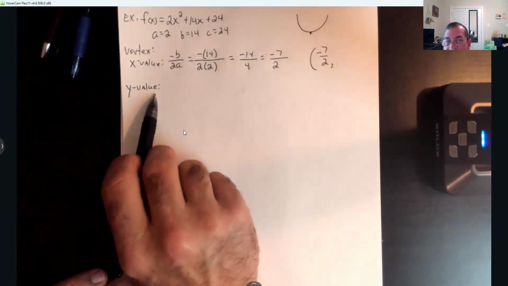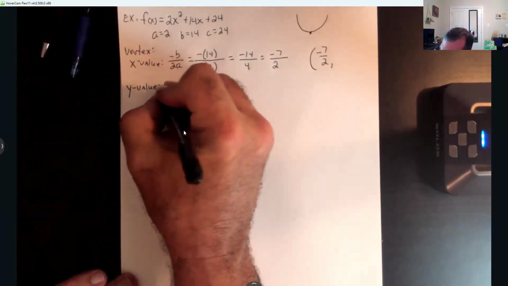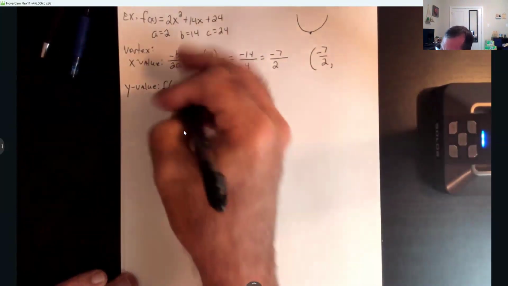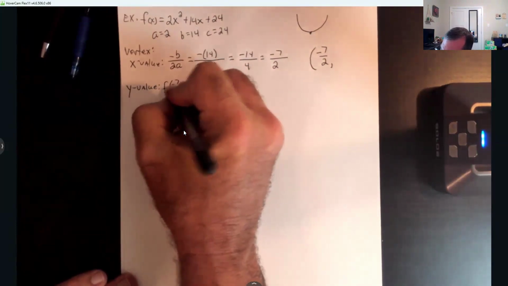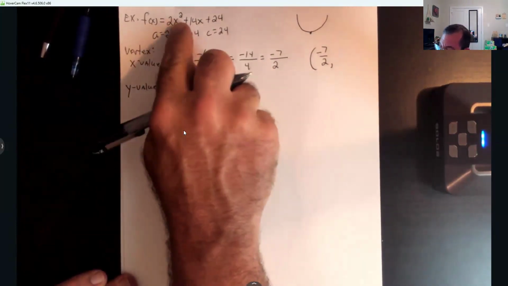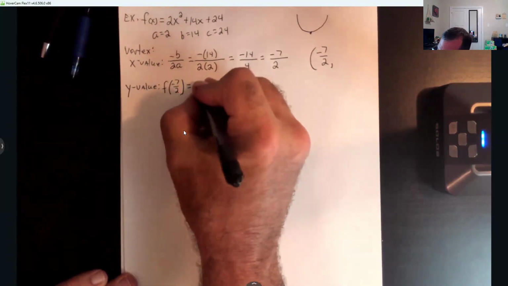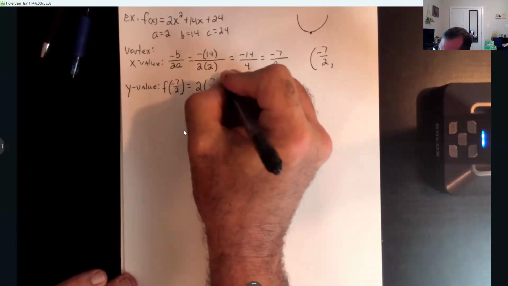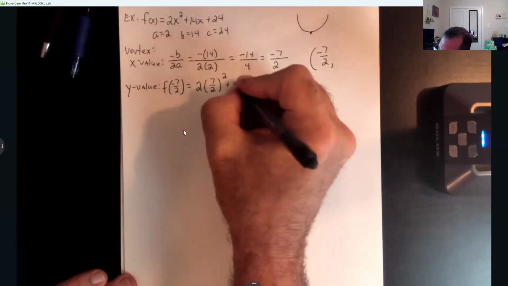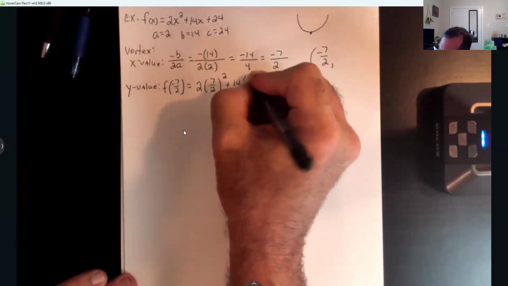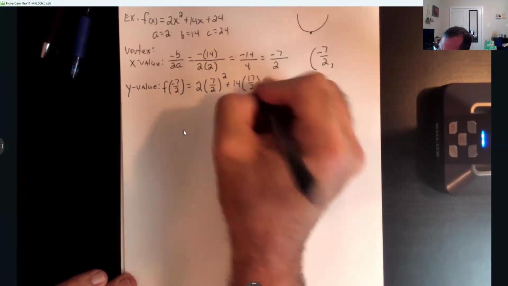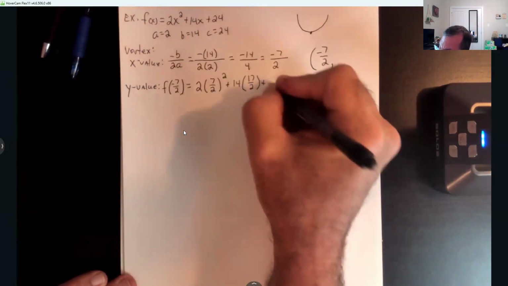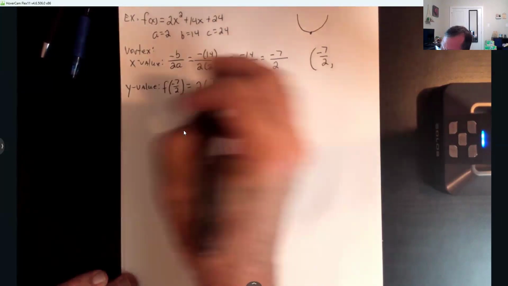But for us to find the y value, we're going to find f of negative 7/2. So that means where I got the x's, I'm going to put in 7/2. And then I got plus 14 times 7/2. And then at the end is my 24.